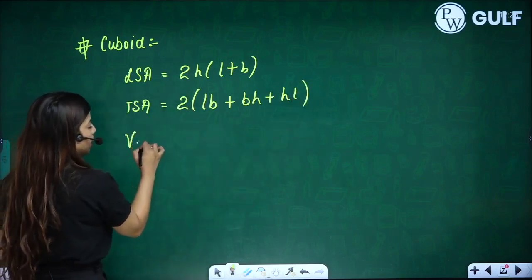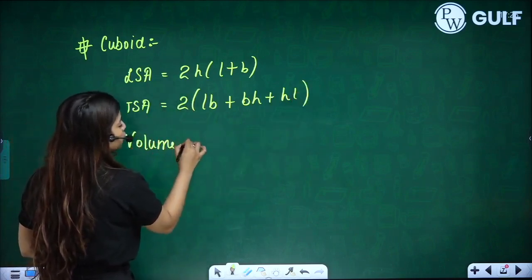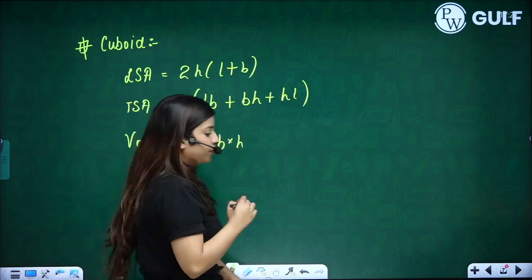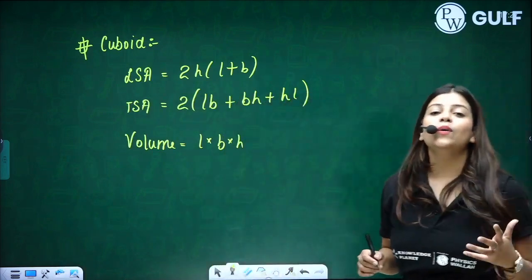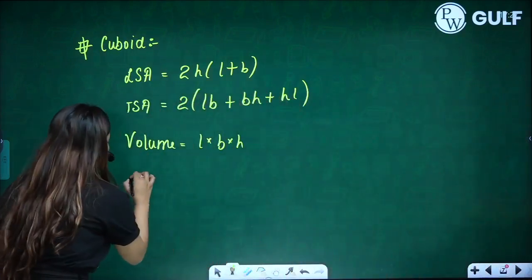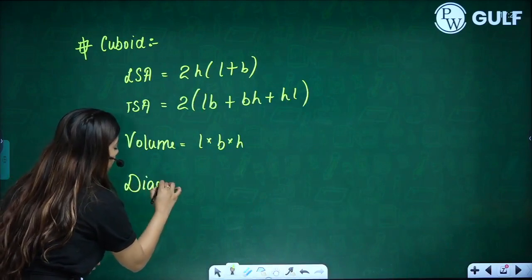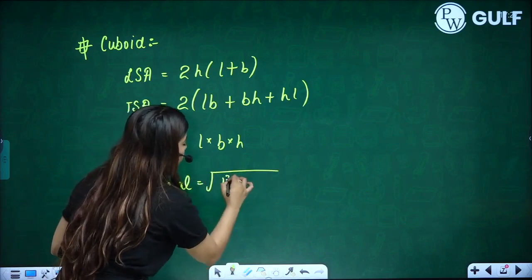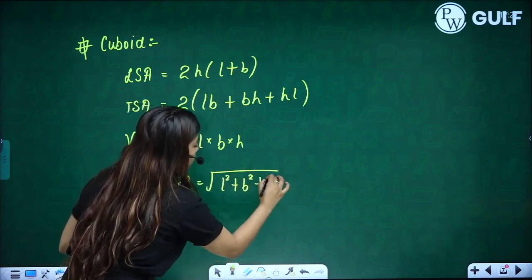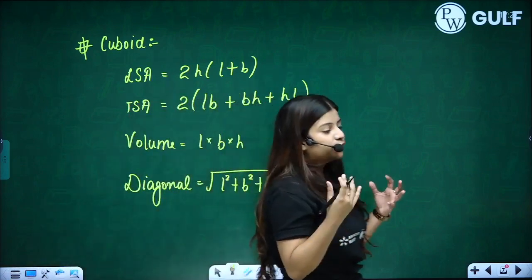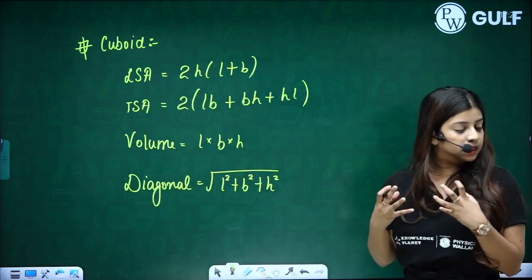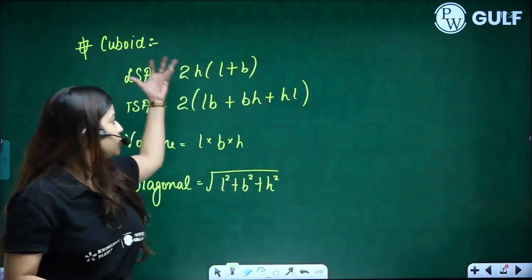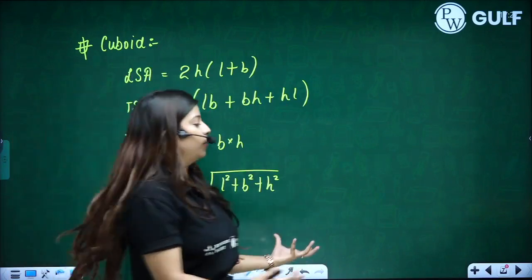And the volume of the cuboid is equal to length into breadth into height. Now adding to this, there is one more thing that you should know: the diagonal of a cuboid. The diagonal of the cuboid is calculated as under root of L square plus B square plus H square. So these are the four formulas that you will be having in your questions, and these four formulas might be used in calculating things.